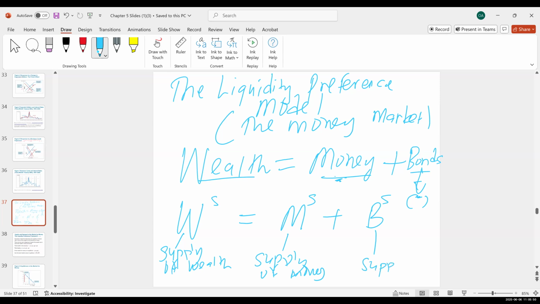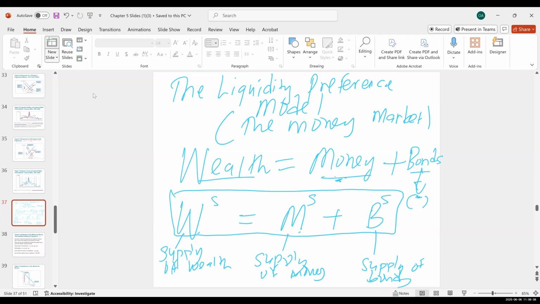So this is the supply side of the economy, according to Keynes. The total supply of wealth in the economy comprises supply of money and supply of bonds. And then you're also going to describe the demand side.